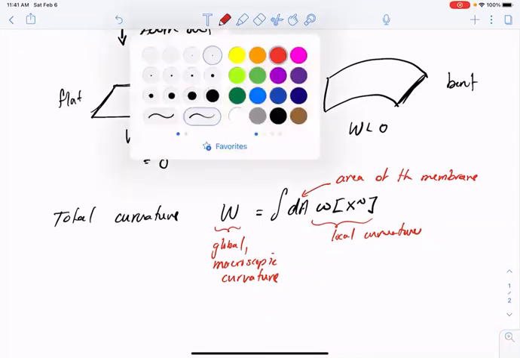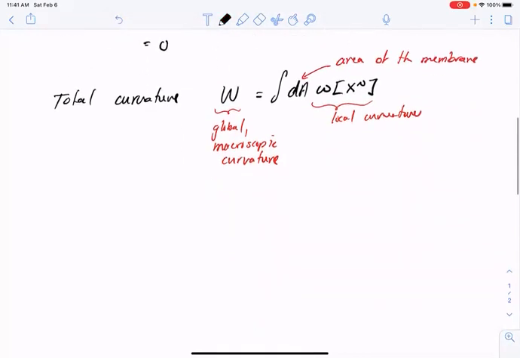So if we're thinking macroscopically, thermodynamically, about manipulating a membrane by bending it, we could understand the response of that membrane, how easy it is to bend, through the kinds of response relationships we've worked out previously.